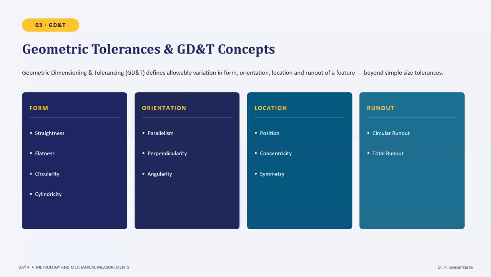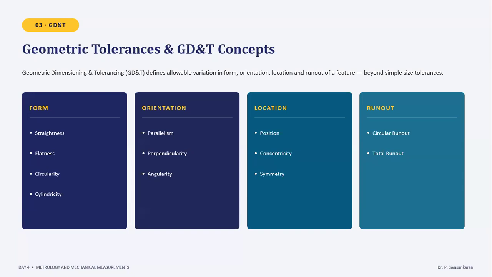We will now move to geometric dimensioning and tolerances. Geometric dimensioning and tolerancing defines the allowable variation of engineering features in terms of form, orientation, location, and runout. It provides a systematic approach for controlling geometric requirements beyond simple dimensional tolerances.